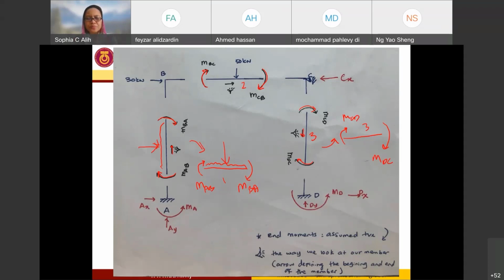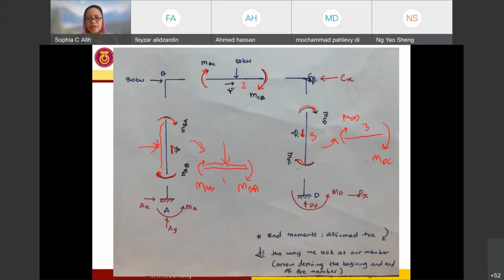Now similarly, after you have identified all the end moments, you also need to identify what is the support reaction that is going to be imposed on your structure based on the support that you have on the joint. So for support A here, since it is a fixed end, it is restricted to move in the vertical direction, it is restricted to move in the horizontal direction, and it also has a moment on the support.